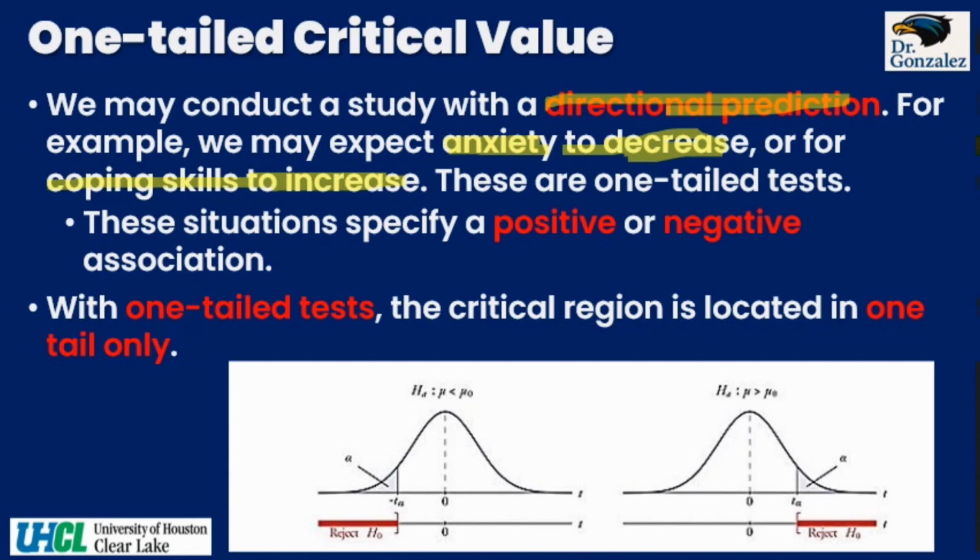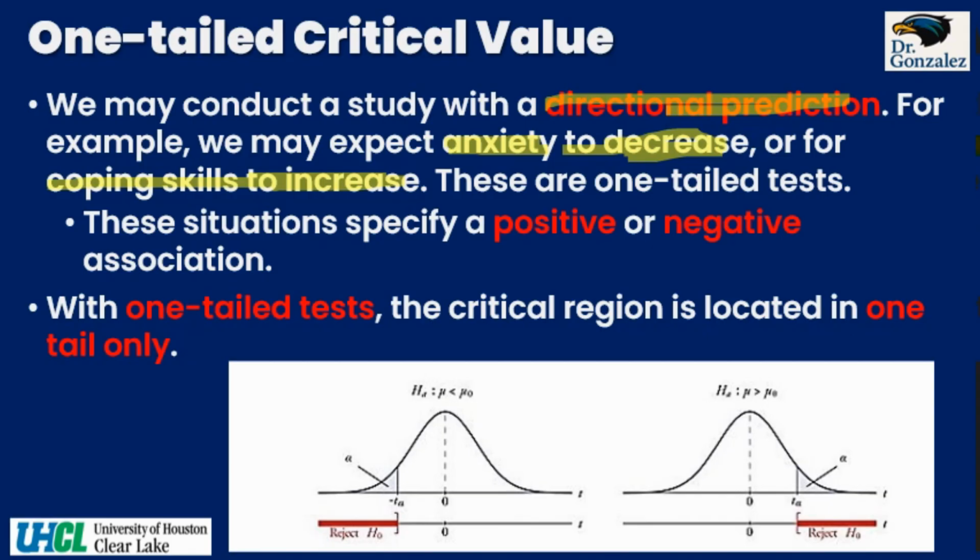Okay, so I teach them a new skill, and what happens? Anxiety goes down. That's a one-tailed test, because depending on how I'm looking at it, I'm either increasing something or decreasing something. When we do that, it's a one-tailed test, and there is always going to be an association that is either positive or negative with that.